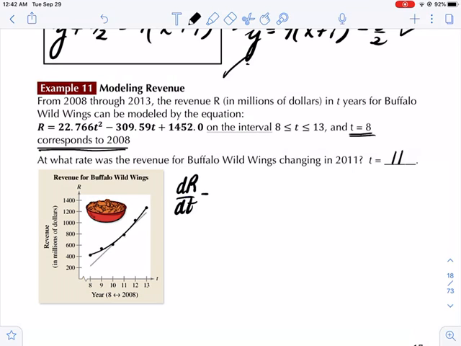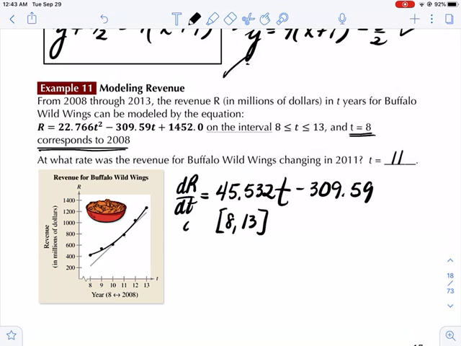So dR dt for this problem, one way to answer the question is to find the derivative of the revenue first. So you have dR dt is equal to 45.532t minus 309.59, right? Now remember that this is only on the interval from 8 to 13. Remember, that's interval notation there.